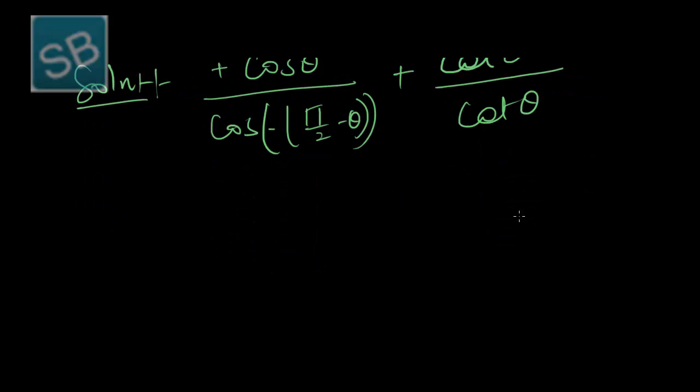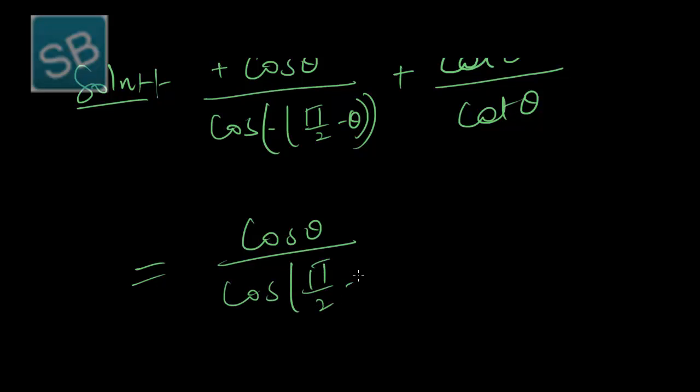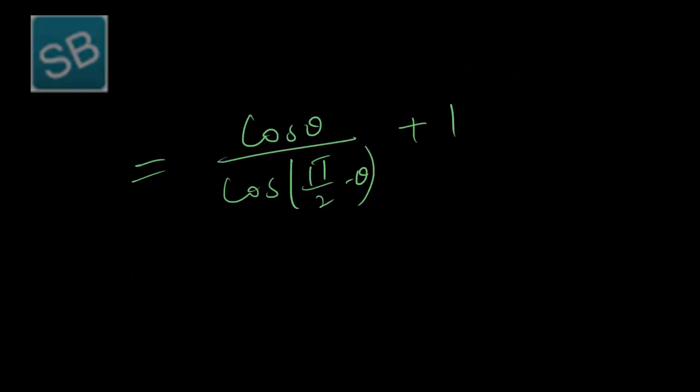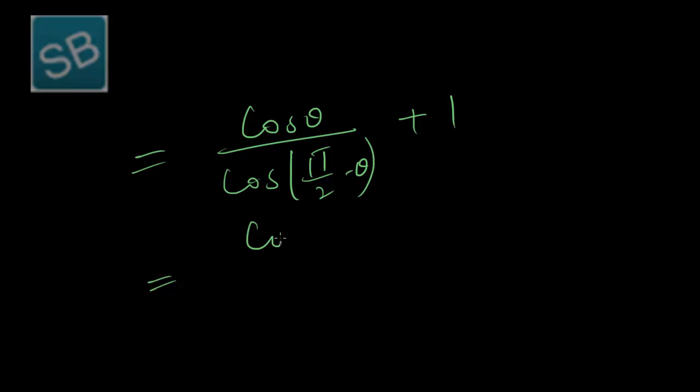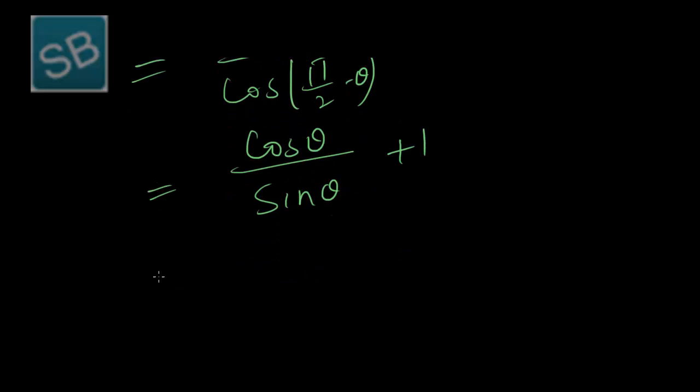So we get cos theta over, that is cos of minus theta is cos theta, plus 1. And now cos of pi by 2 minus theta is sin theta by the concept. So we get all over, the solution of that problem is cot theta plus 1.